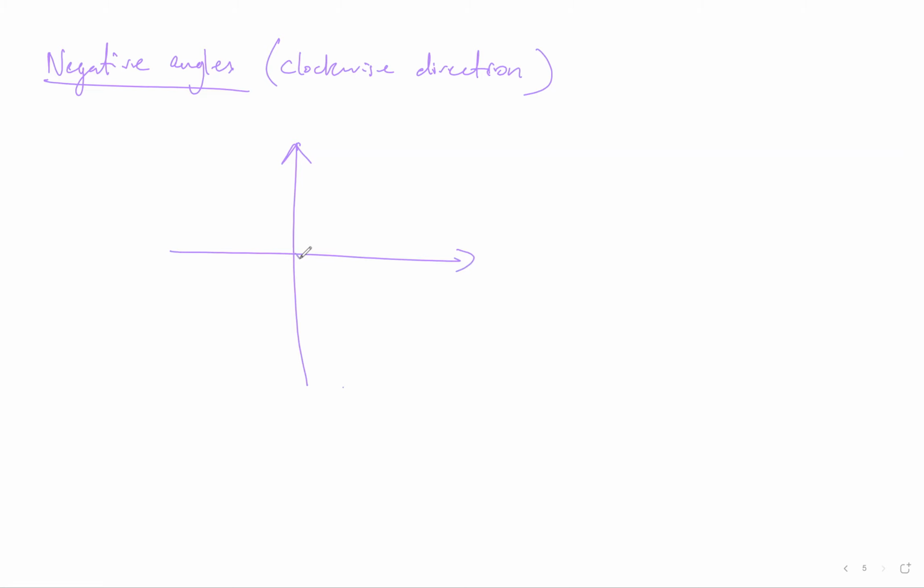So I'll have a negative angle over here, and now I'm moving my direction like this. Hope you can see, it's this way. So going this way, what impact will it have on the sine of a negative angle?